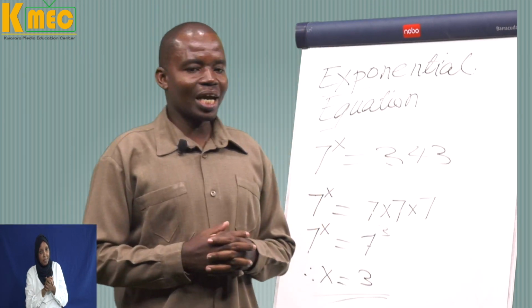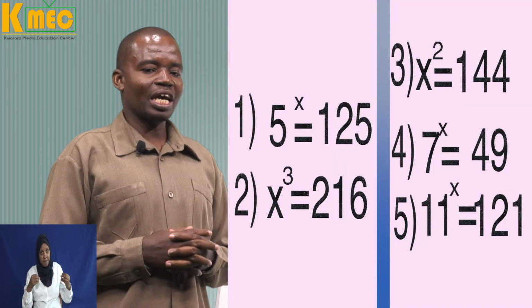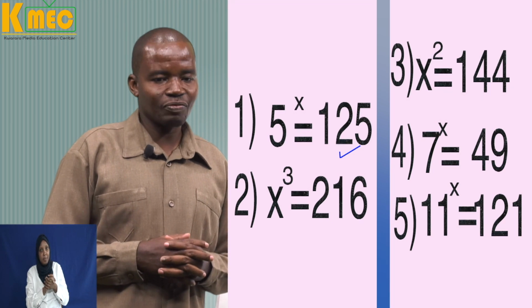Okay, the exercise is: find the value of x in each of the following questions. Number 1, 5 exponent x is equal to 125.